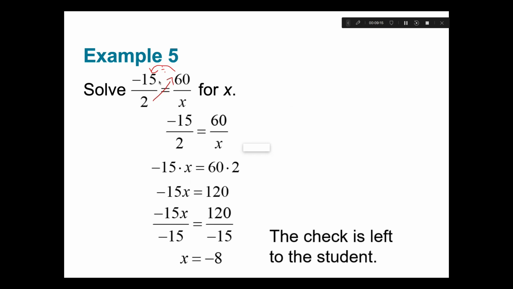We multiply this and this, which is what we did here. They end up with this 120, and then divide by our third number, okay? So the way they set it up is a little different. They're doing the same steps, they just make it look different. Cross, multiply, and divide.